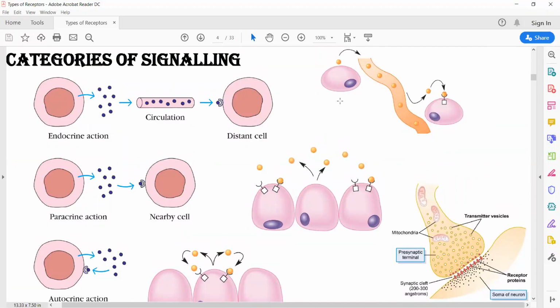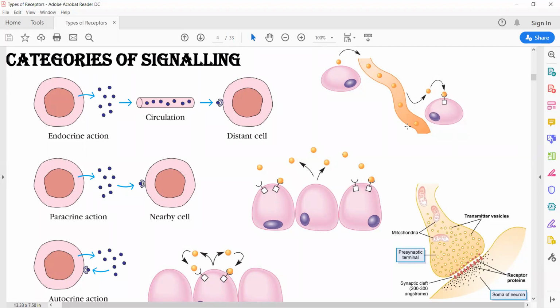So this was the original cell, the stimulus or the hormone into the bloodstream, and from the bloodstream the hormone diffuses out and is then taken up by our target cell with the upregulation of its receptors. As an example for the endocrine system, we can have any hormonal pathway.